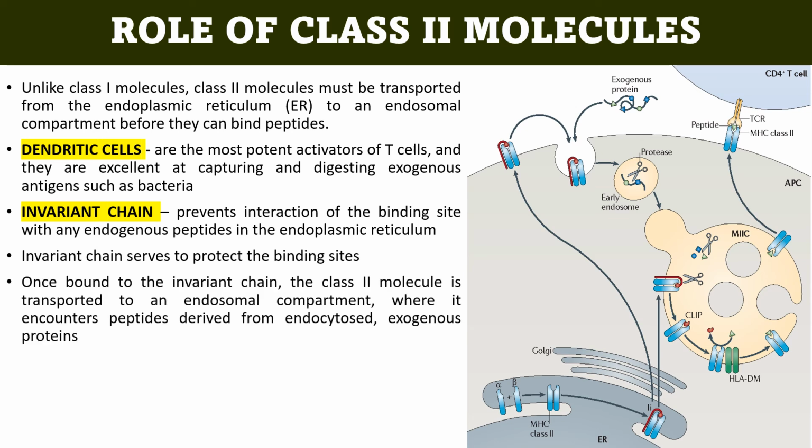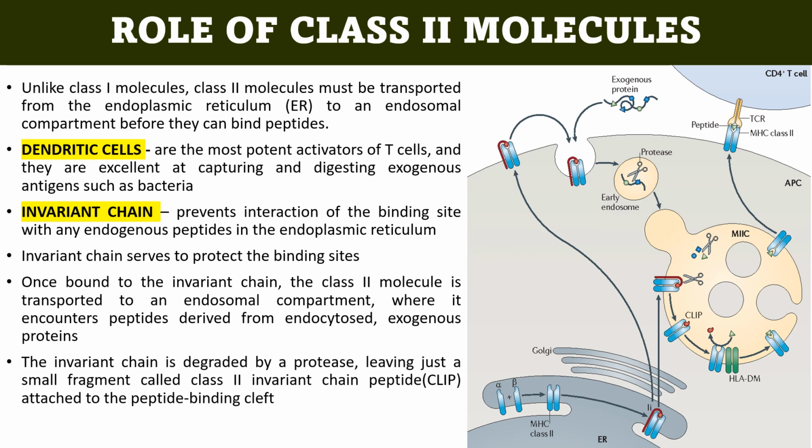Once bound to the invariant chain, the class 2 molecule is transported to an endosomal compartment where it encounters peptides derived from the endocytosed exogenous proteins. The invariant chain is degraded by protease, leaving just a small fragment, class 2 invariant chain peptide, also called CLIP, attached to the peptide binding cleft. CLIP is then exchanged for the exogenous peptide.